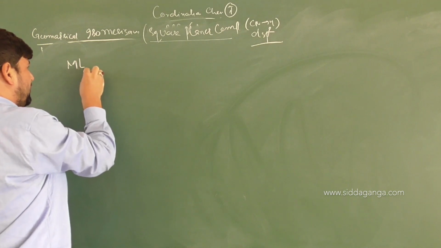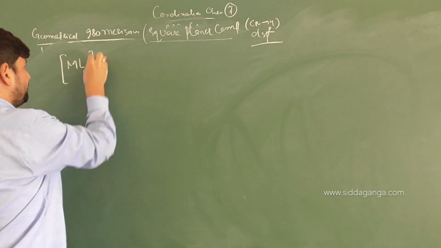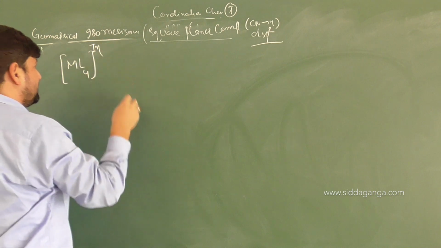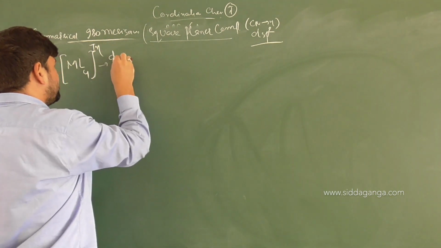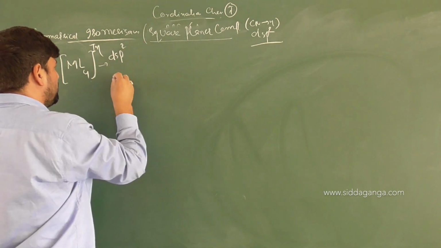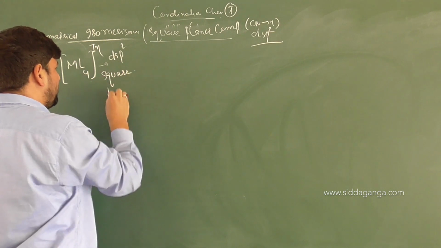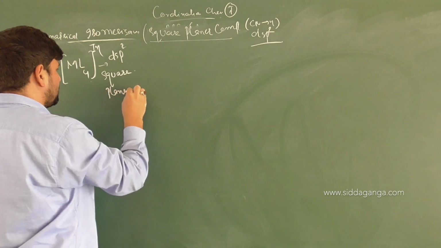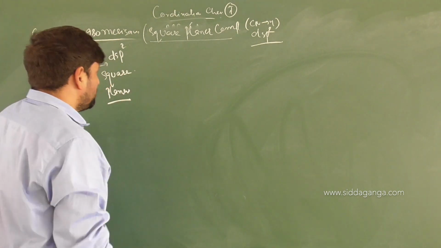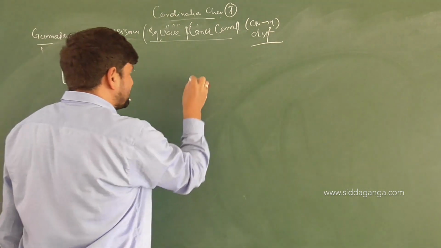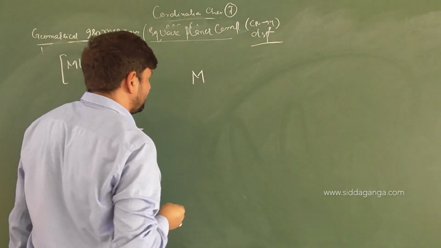Suppose now you have got ML4. Say, children, this particular complex has got hybridization of dsp2, so the geometry will be square planar, right or not? So when the geometry is square planar, what exactly will be the geometrical arrangement?